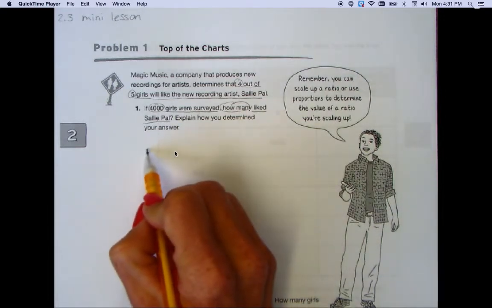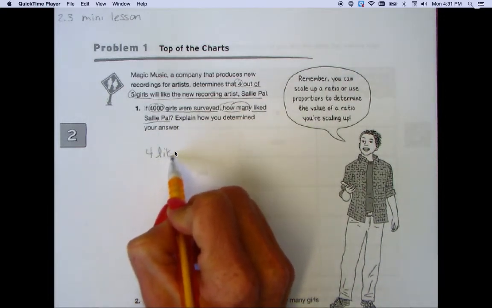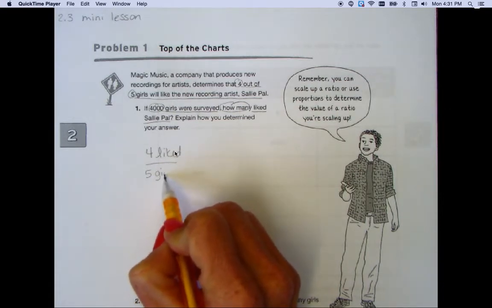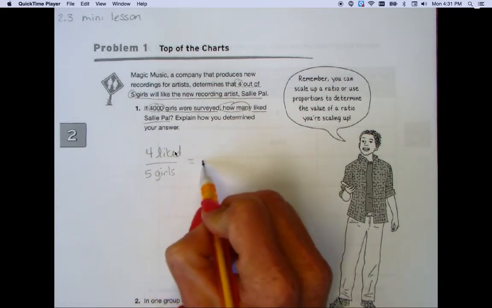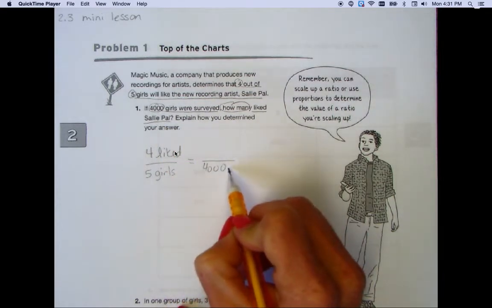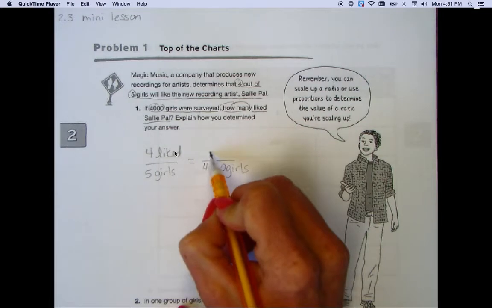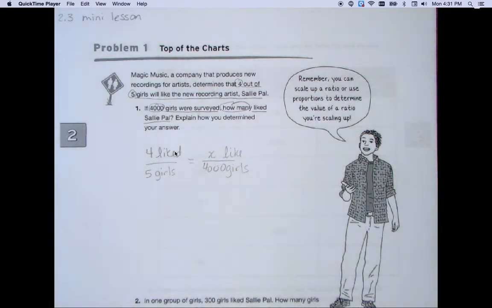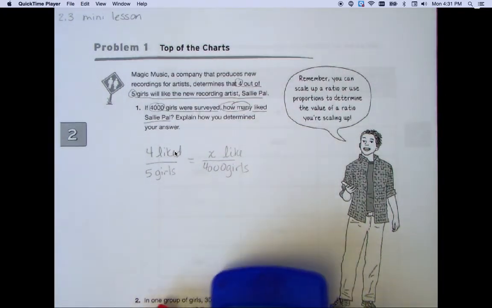So I'm going to set this up. 4 liked out of 5 girls total. So if we have 4,000 girls total, how many will like? I can either do this with means and extremes, or I can scale up.